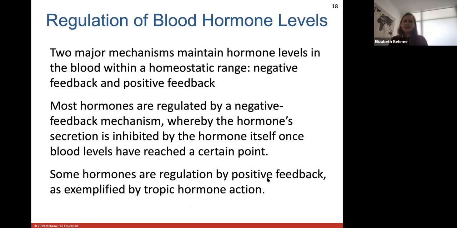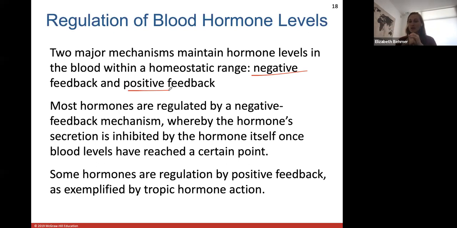For example, regulating your blood hormone levels, there's two major mechanisms that we talk about, and these are very important: negative feedback and positive feedback mechanisms that try to keep the levels of hormones always within the normal homeostatic range. And most of the hormones in our body are regulated by a negative feedback mechanism, which means that hormone secretion will be inhibited by the hormone itself, once blood levels of that hormone have reached a certain level.